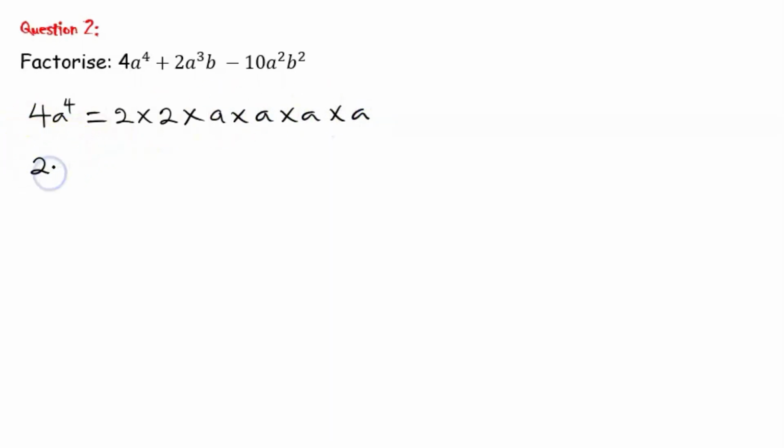Then we have 2a cubed b. All right, this is 2 times a times a times a, times b. Okay, then for the other one we have 10. You see, I'm not considering the sign yet.